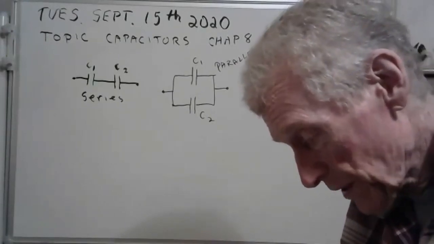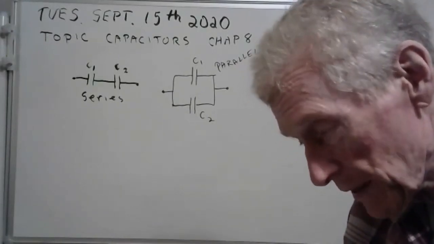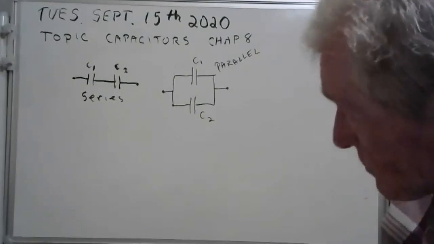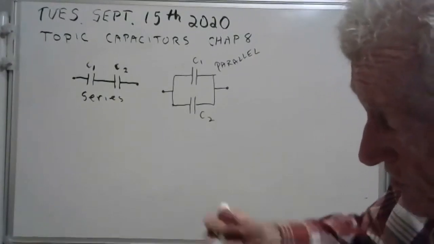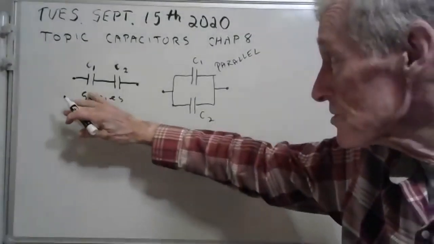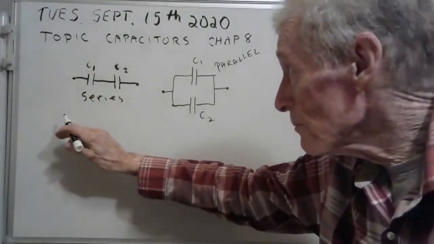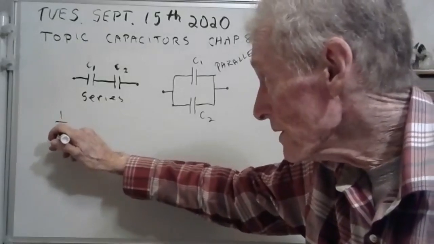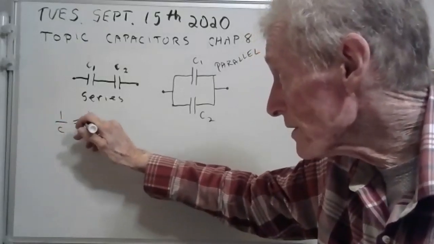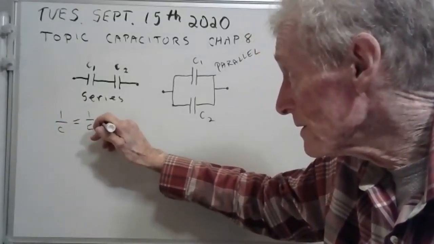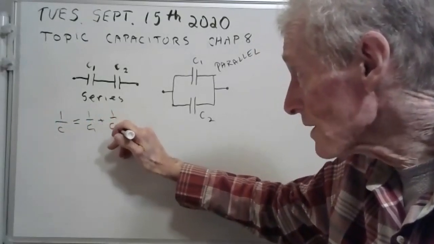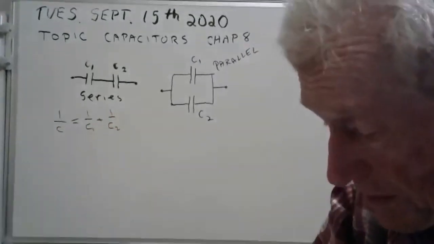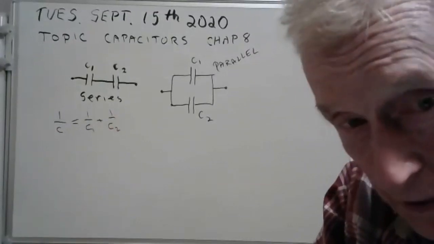The thing about capacitors is the formulas are just opposite. See, if you had resistors, you just add them up. But if you have capacitors, the equation goes like this. Doesn't that look like the equation for resistors in parallel?